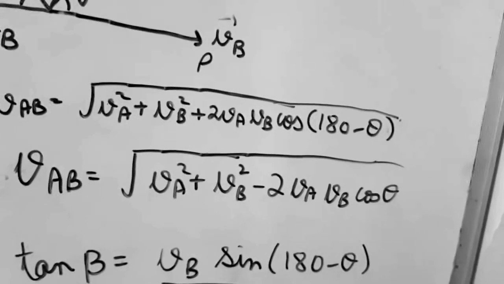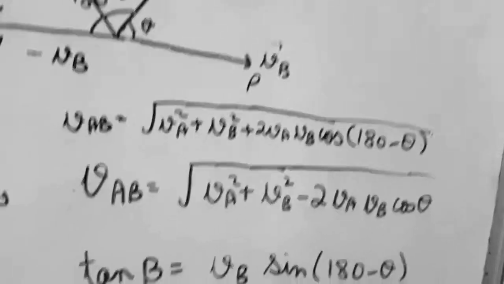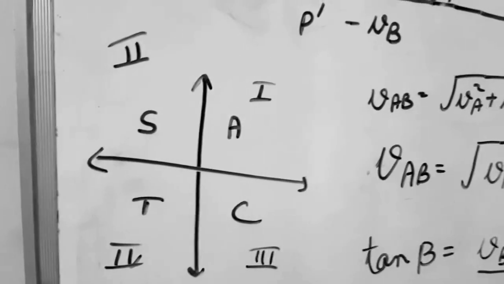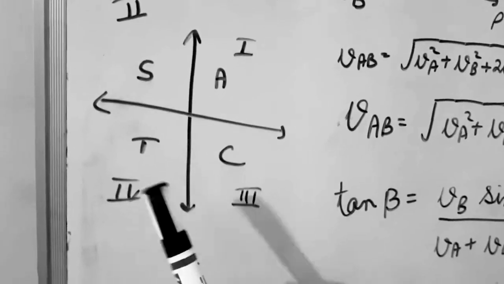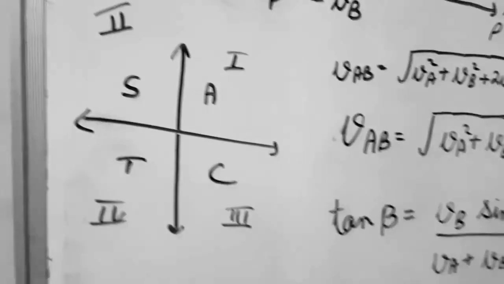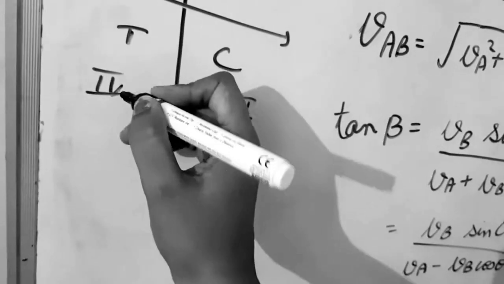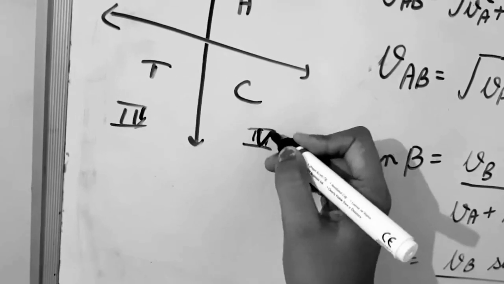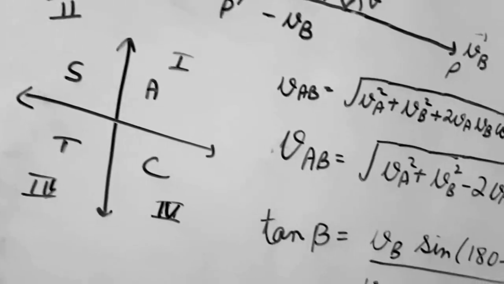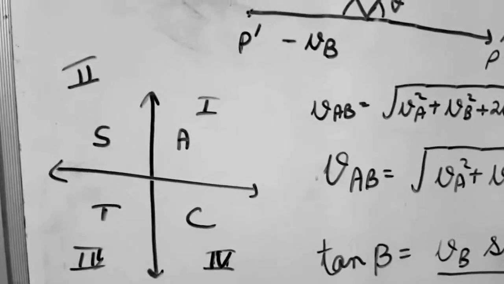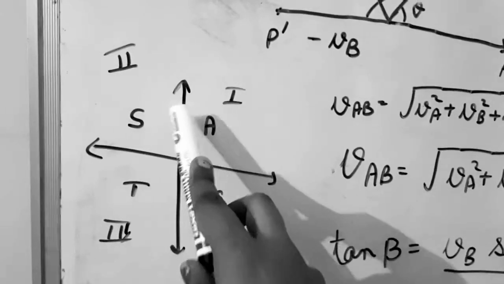Now here you have to understand the concept, the quadrant concept, that is the whole system is divided into 4 quadrants. First quadrant, second quadrant, third quadrant and the fourth quadrant. This is the third quadrant and this is the fourth quadrant. So here the first quadrant is from 0 to 90 degree, that is 0 to pi by 2.